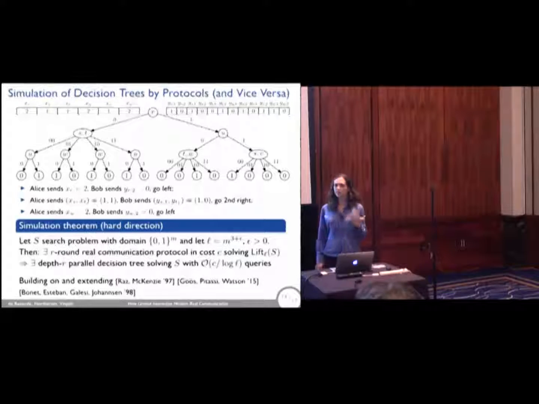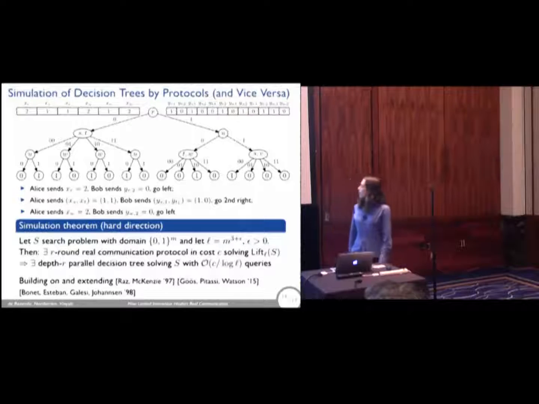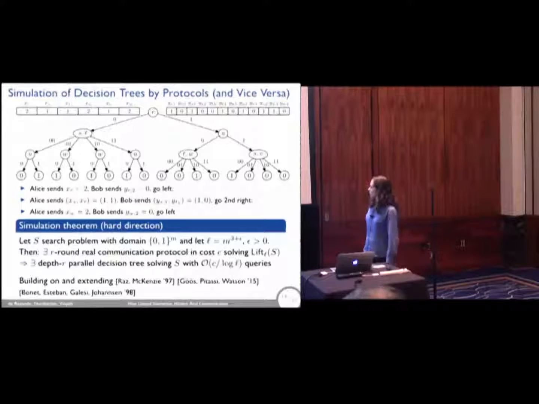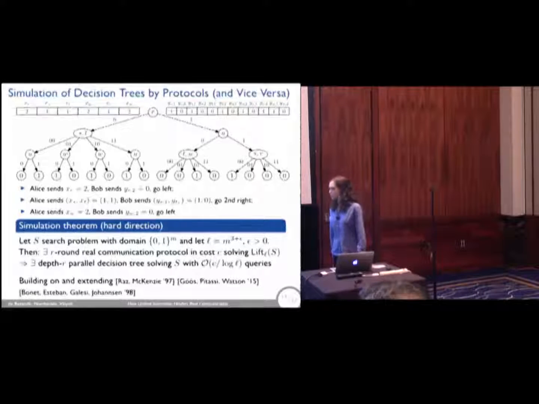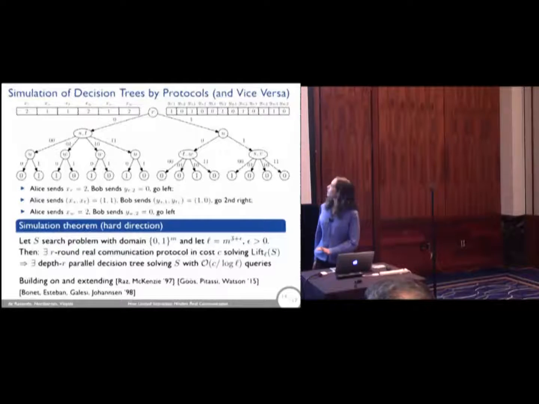And note that the size of the lift we need to prove this is actually polynomial in the size of the input. So in this example, the size of the lift was 2, but we're using a very large lift, which is polynomial in the size of the input. And this builds on Raz–McKenzie and Göös–Pitassi–Watson, and also on Bonet, Sevcik, Galesi, and Johannsen.